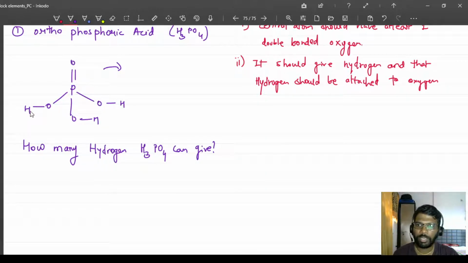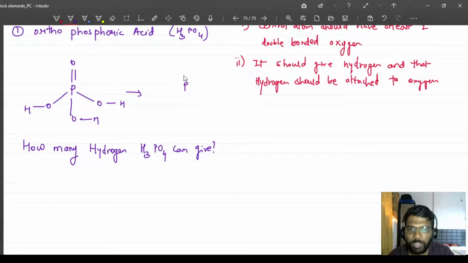Now here, if you break this bond, then a hydrogen will be removed and a negative charge will be there on these oxygens, and the stabilization of that negative charge will be due to resonance.